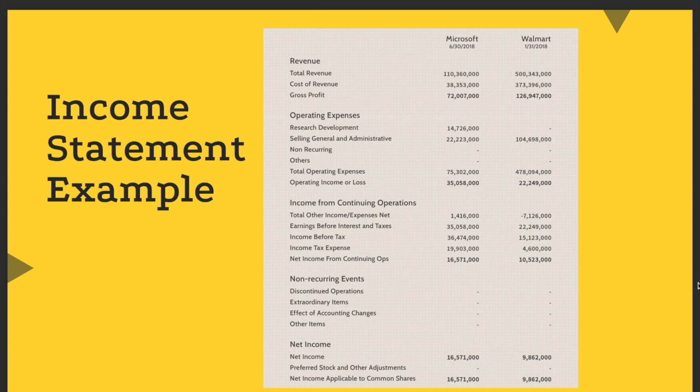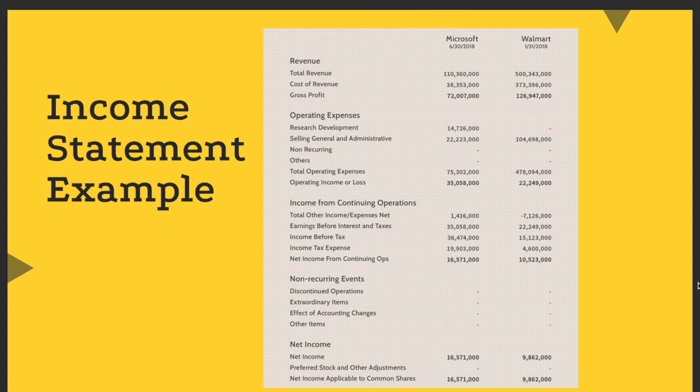Reducing the total operating expenses from total revenue leads to operating income or loss of 35 billion. This figure represents the earnings before interest and taxes, EBIT, for its core business activities and is again used later to derive the net income.